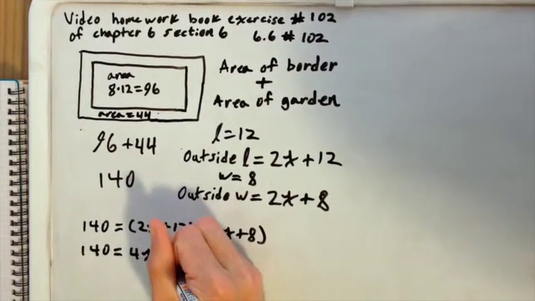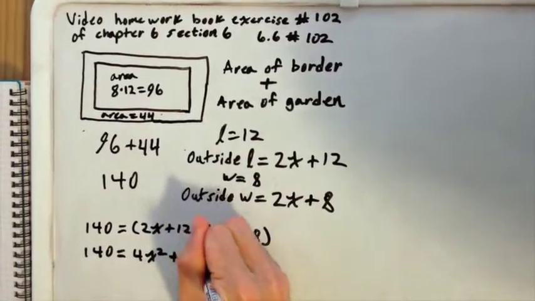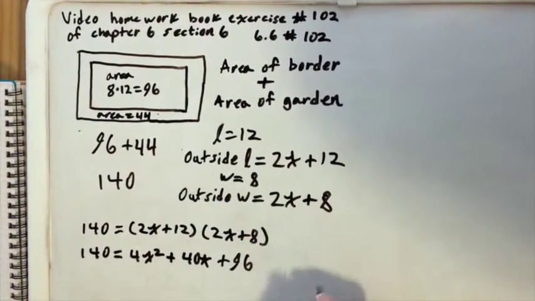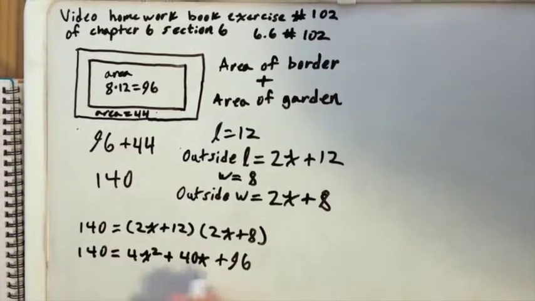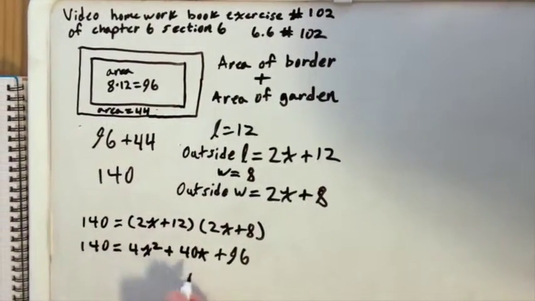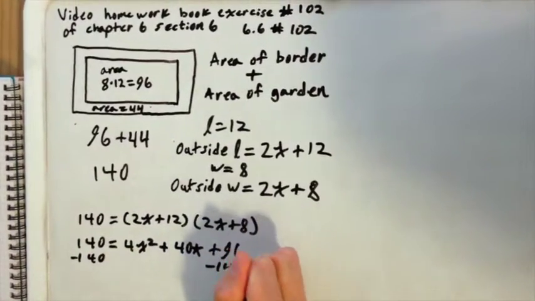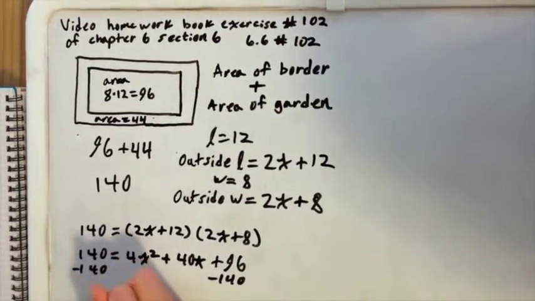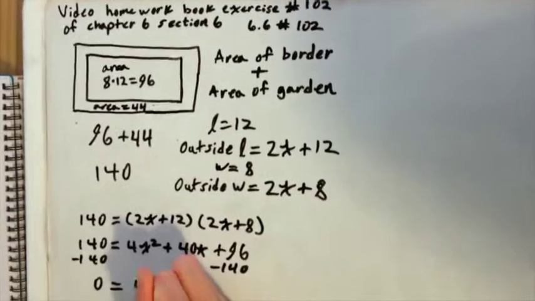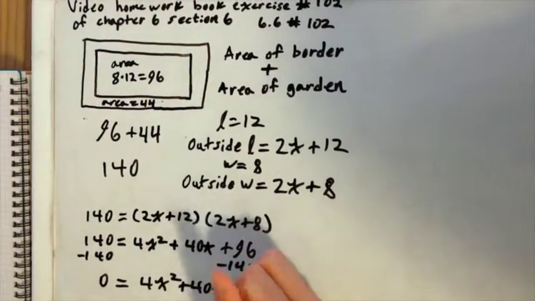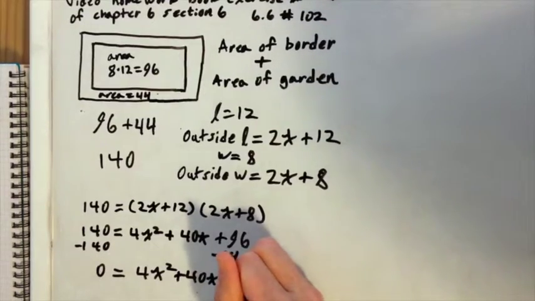These two combined equals out to 40x plus 96. We want to solve for x, so we're going to set this side equal to 0. So we'll subtract 140 from both sides. We have 0 equals 4x squared plus 40x minus 44.